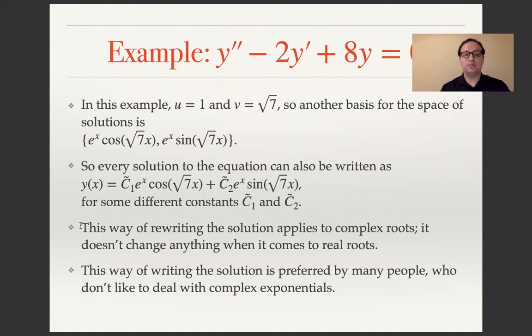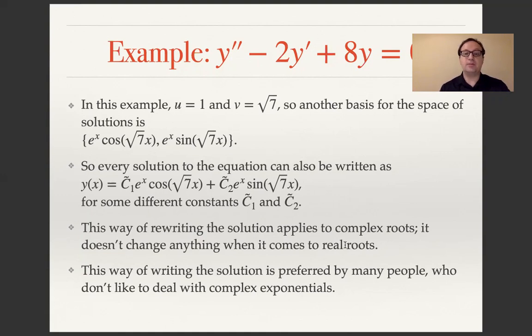Right, so this way of rewriting the solution only applies to complex roots. There is nothing we need to do about real roots. For real roots, the corresponding solutions in the basis are given by exponentials, just real exponentials, no sines and cosines.